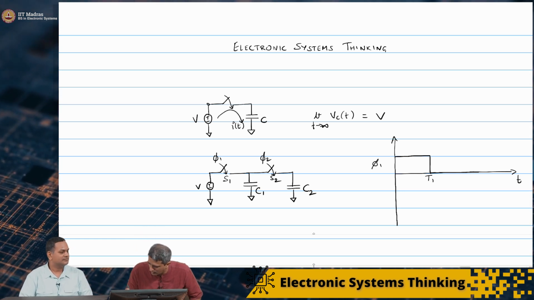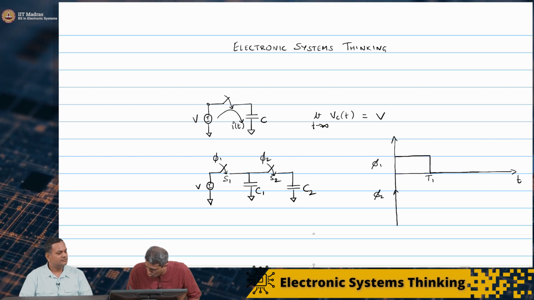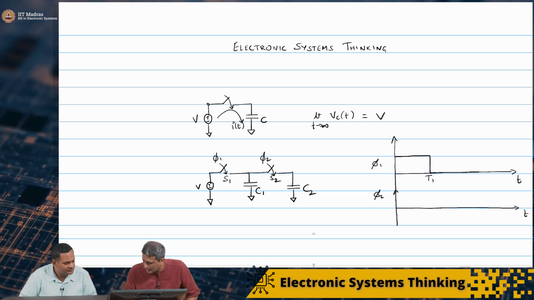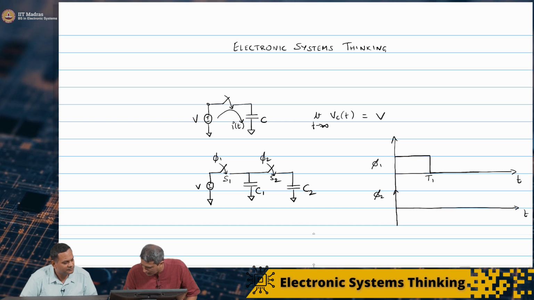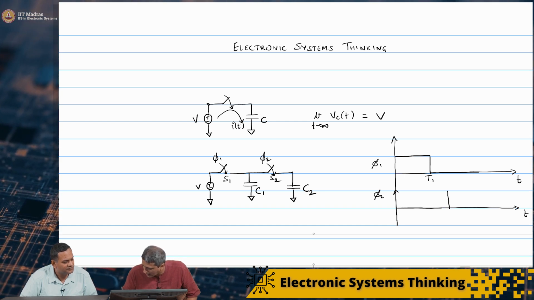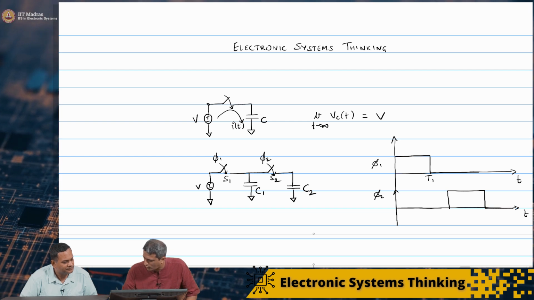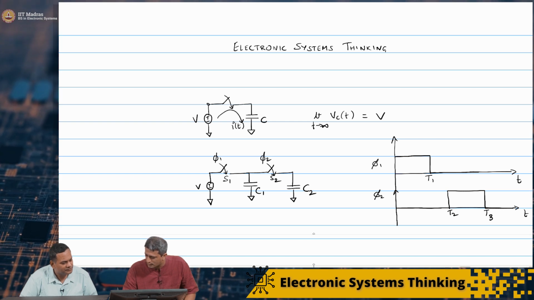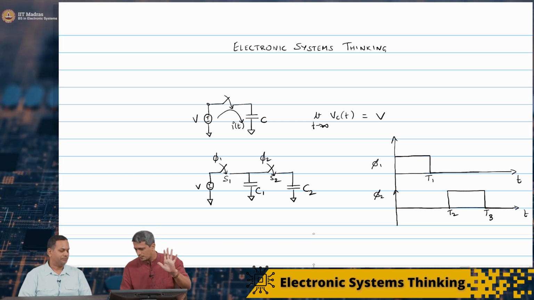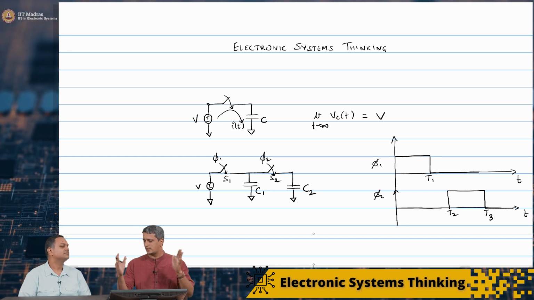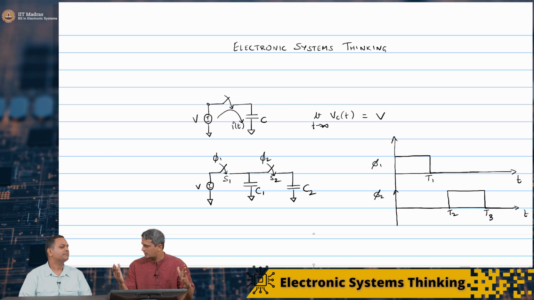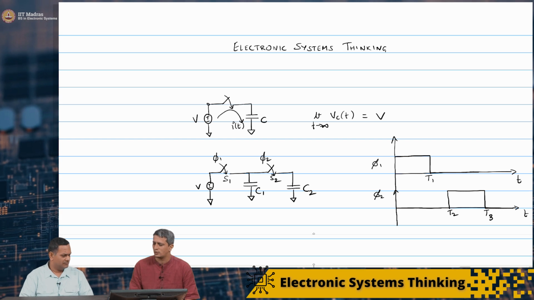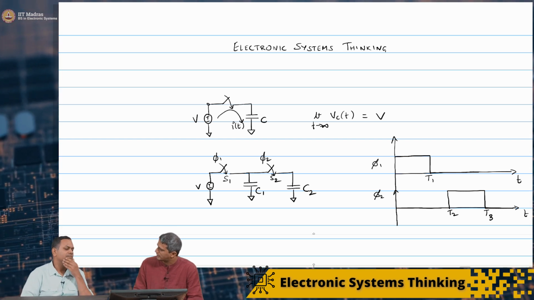And then phi 2, which is another control signal, goes high sometime after T1. It is on between T2 and T3. Again, T3 minus T2 is large enough so that the capacitors can reach steady state. So what do you think will happen in this case?